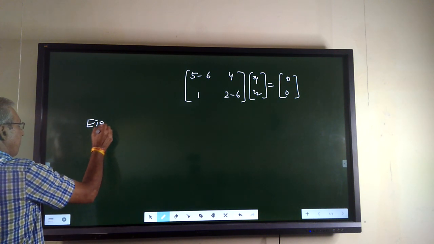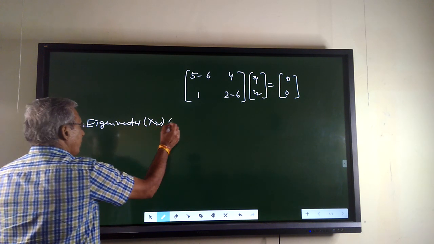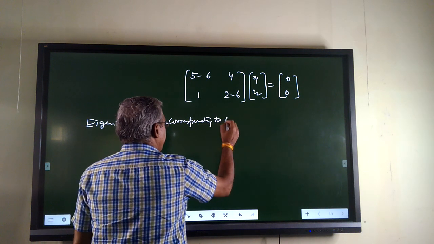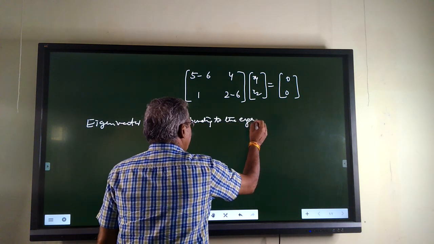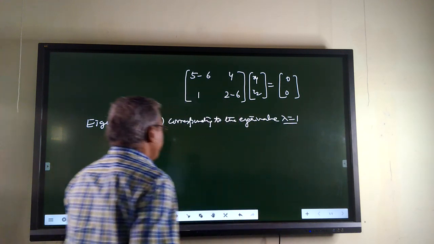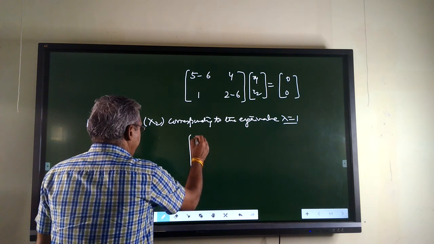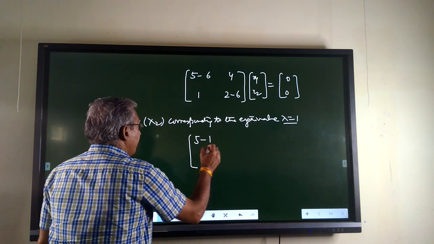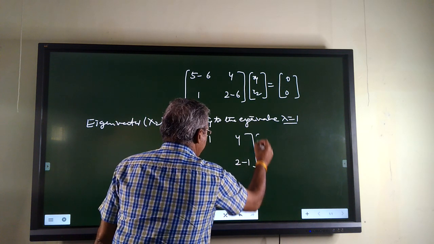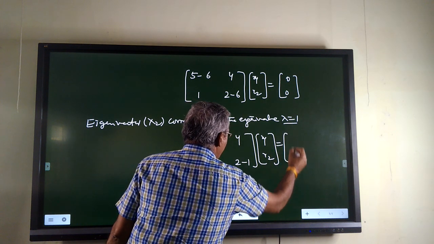Eigenvector, suppose it is x2, corresponding to the eigenvalue lambda equals to 1. Therefore in matrix notation we have 5 minus 1, 4, 1, 2 minus 1, times x1, x2 equals 0, 0.